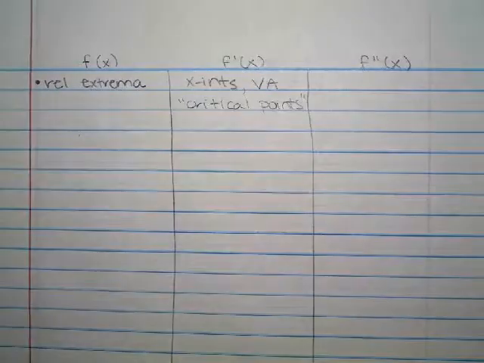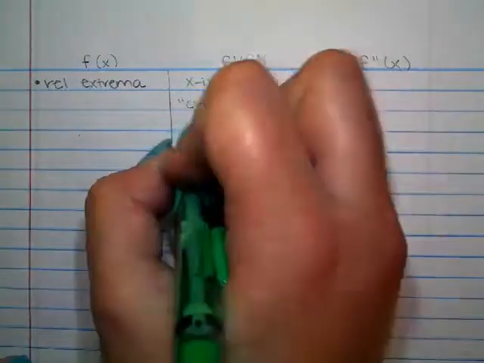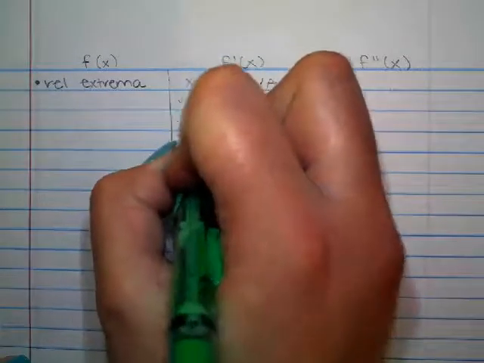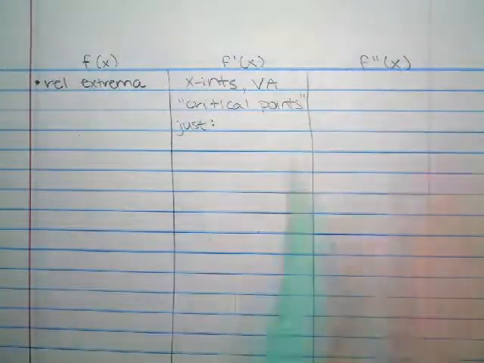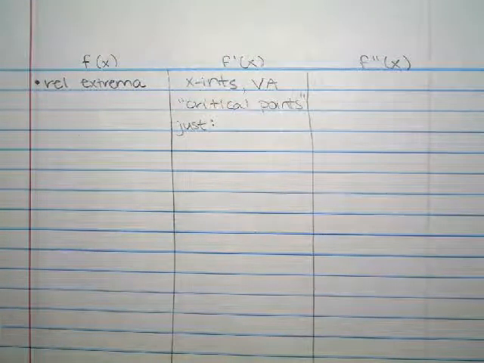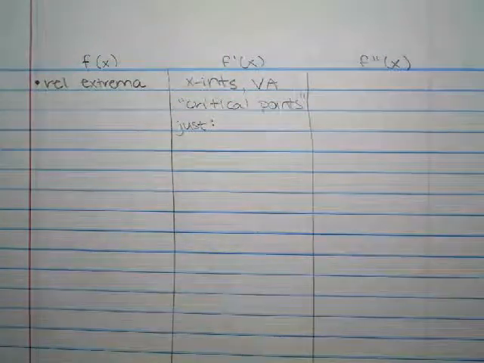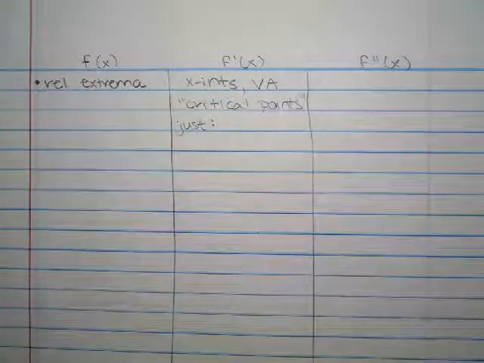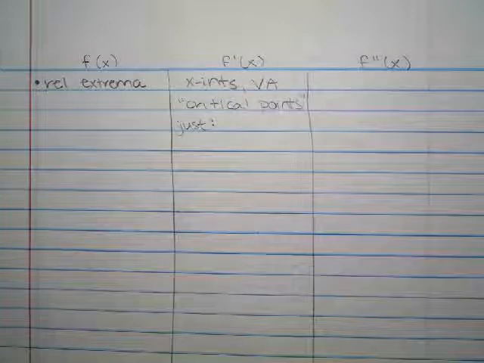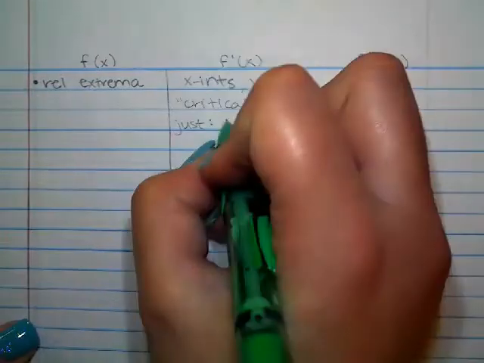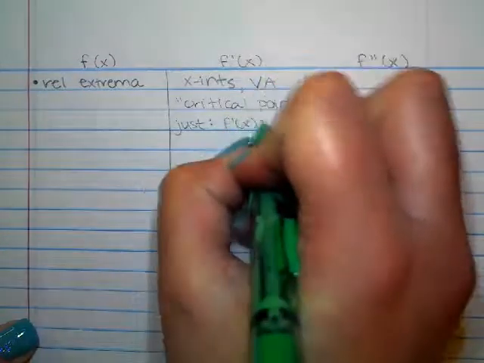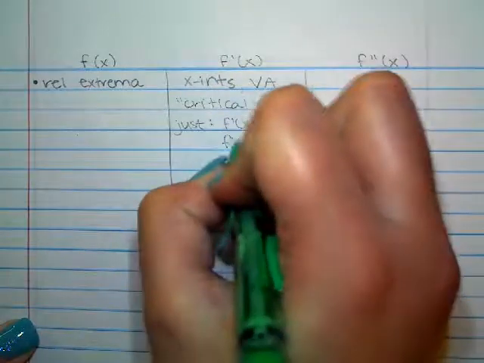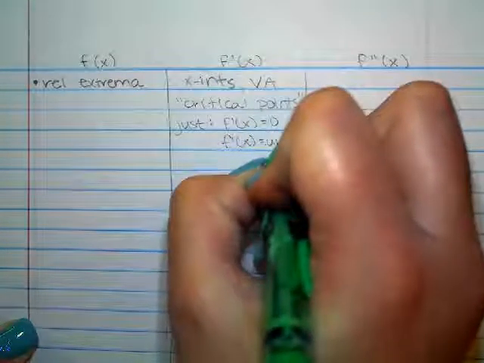And so when we are looking for this, if we were doing an FRQ, our justification, we wouldn't say, oh, it's an x-intercept on the graph. Oh, it's a vertical asymptote on the graph, and that's how I knew. I'm never going to say the graph. That is bad justification. It's vague. I'm going to say f prime of x was equal to 0, or I'm going to say f prime of x was undefined.